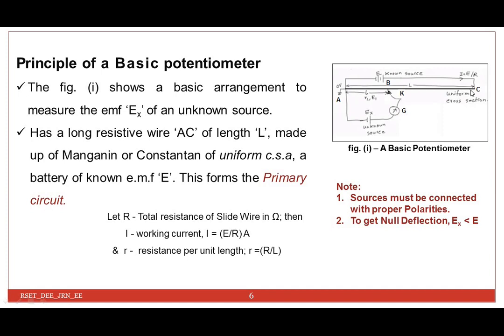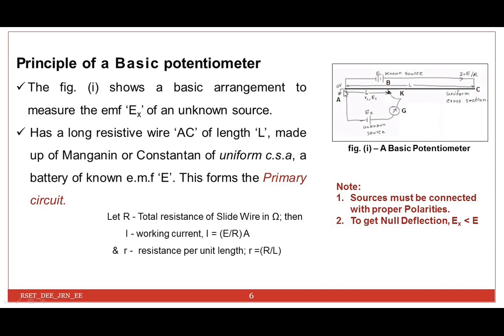Now AC is the full length of the slide wire, and let us assume that B is the point at which null deflection is obtained. So this forms the primary circuit and this forms the secondary circuit. Now two important points are there. You can see over here the unknown source, its negative is connected to this point A, and the negative of E is also connected to point A, and let us assume that this is at zero potential.